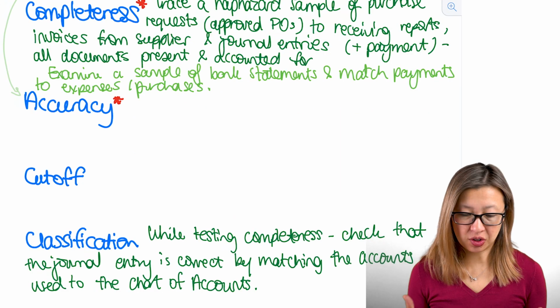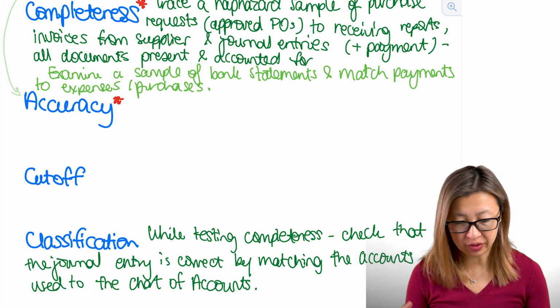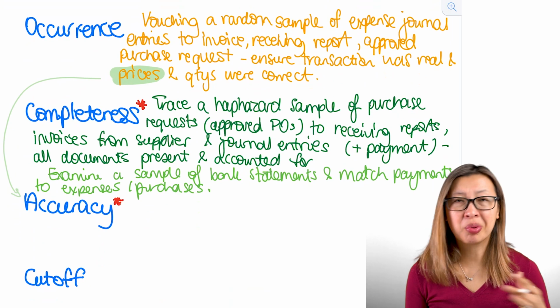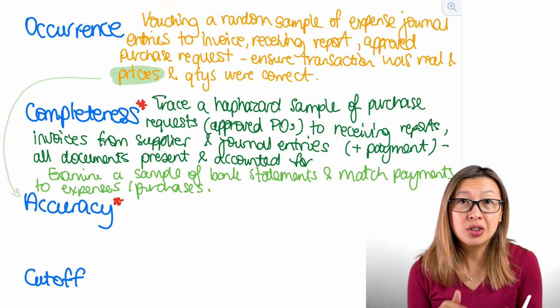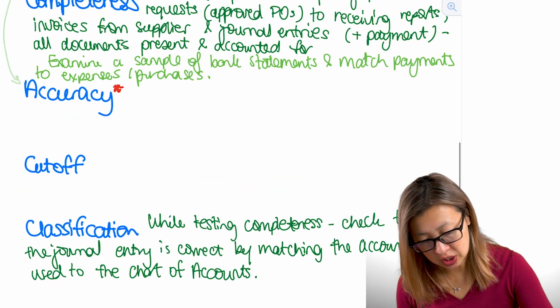So when it comes to accuracy, what we need to do is we need to make sure that everything is recorded at the correct dollar value. So remember up here when we looked at occurrence, we're going to make sure that the prices and the quantities are correct. You could do that when you're tracing as well, but let's write a procedure here.